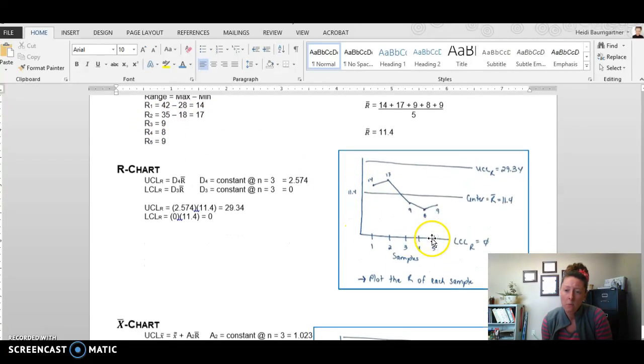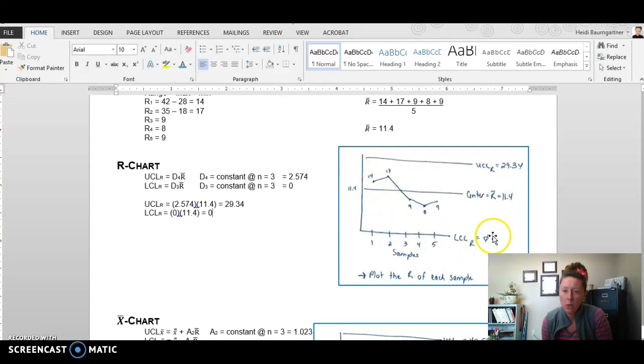And we come back with our lower control limit set to 0, and our upper control limit was 29.34. Our center line, R bar, was 11.4, the average range. And that shows us that right now with 5 points, it looks like our process is in control.